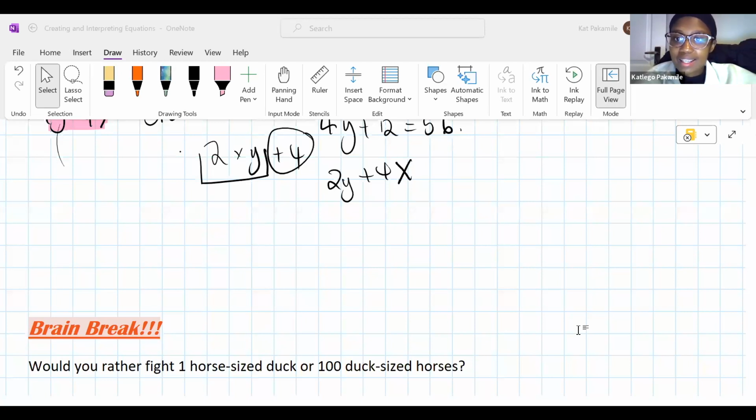Do you know how destructive ducks are? Imagine if it's as big as a horse. I'd rather fight 100. I see that everyone is agreeing with me to fight 1 horse-sized.